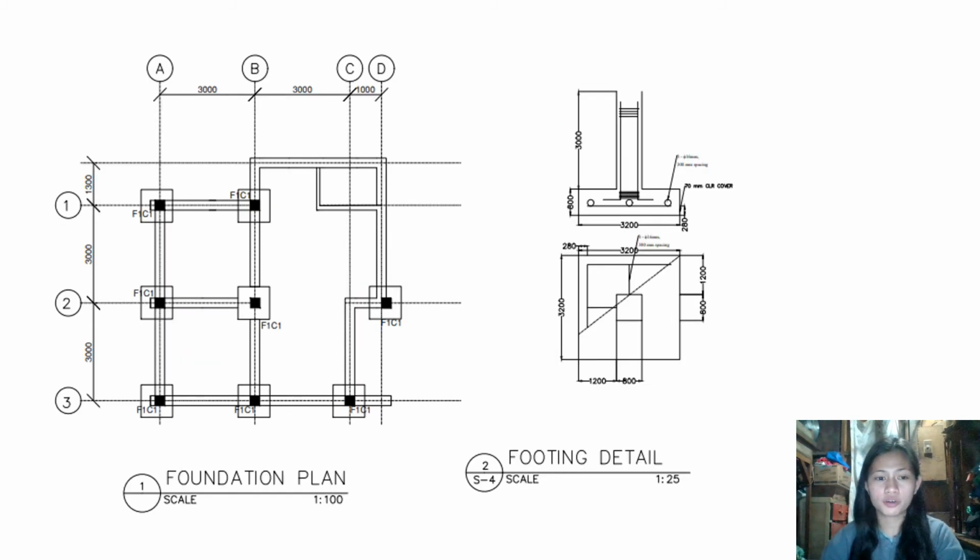So we have here the foundation plan. Since we know that our column has only one detail, ganun na rin yun for our foundation. Actually, they have different sizes when I generated them. Kaso lang din, I chose na isahin na lang, because the difference between those foundations is just 0.5, 0.8.